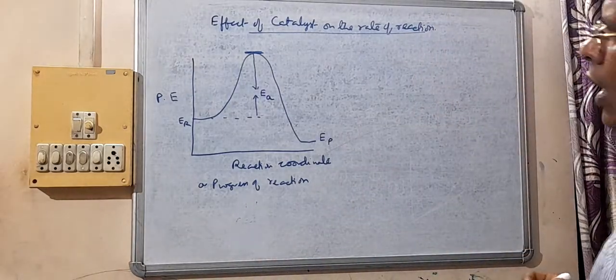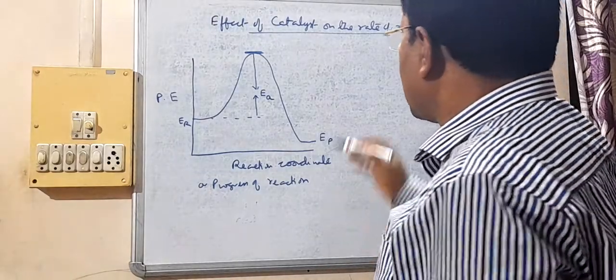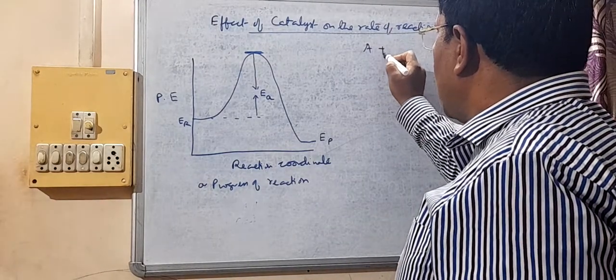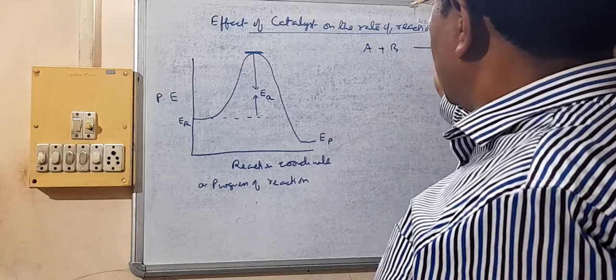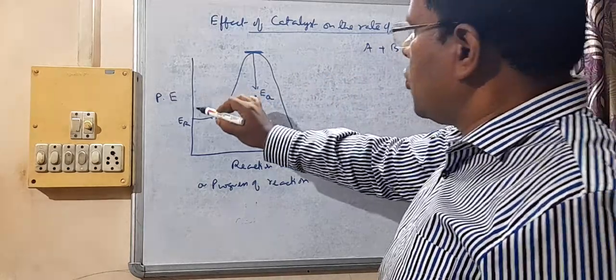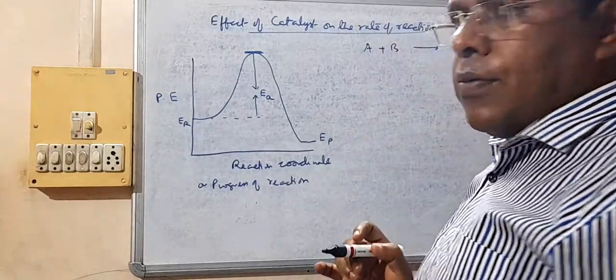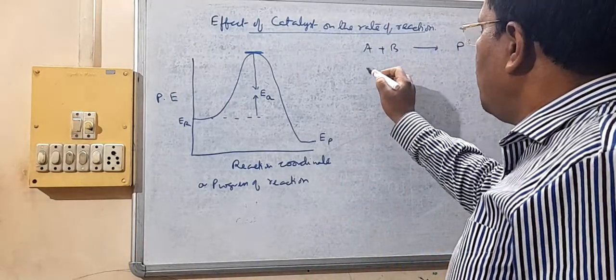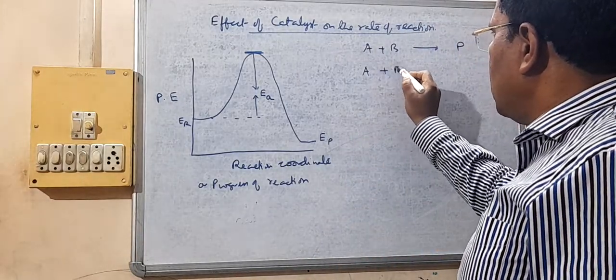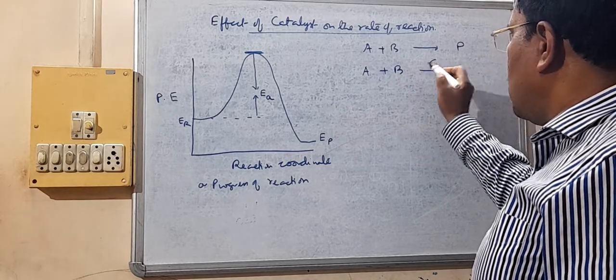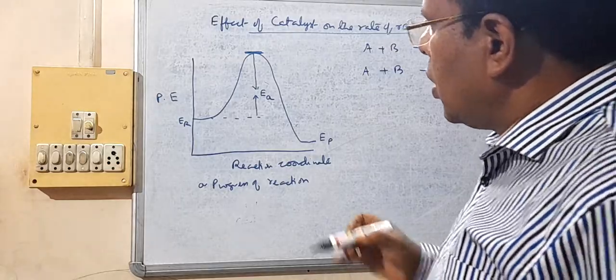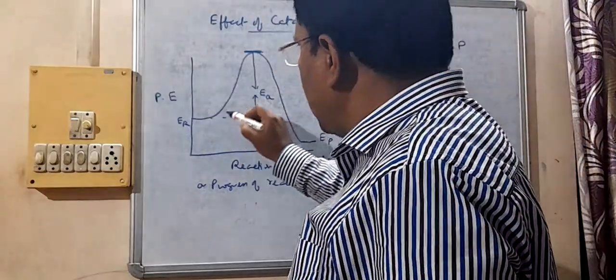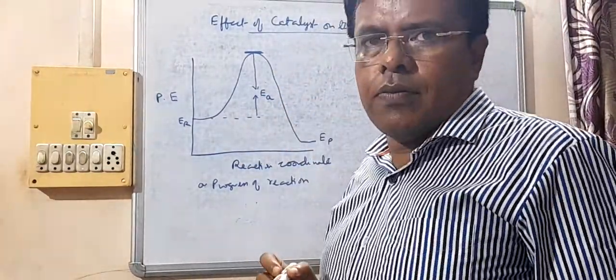Now what happens is, suppose we have a reaction A plus B, arrow products, and suppose this is the graph for this reaction. Now when we are using a catalyst, the path of the reaction gets altered.